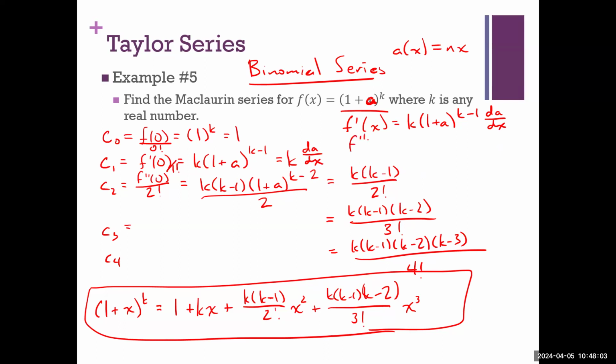Let's actually take the derivative over here. What is the second derivative of this? It's k times k minus 1 times 1 plus a to the k minus 2, times da dx times da dx. Right, so basically another power of this da dx.